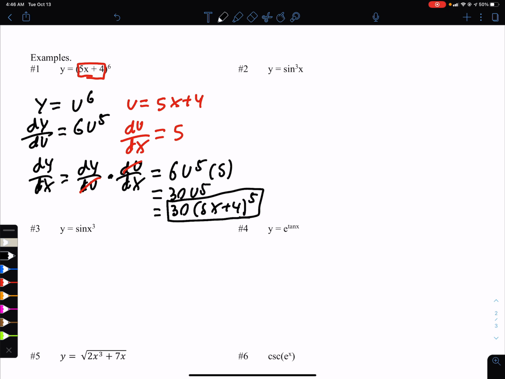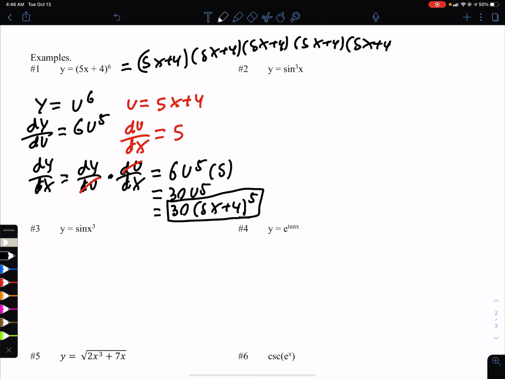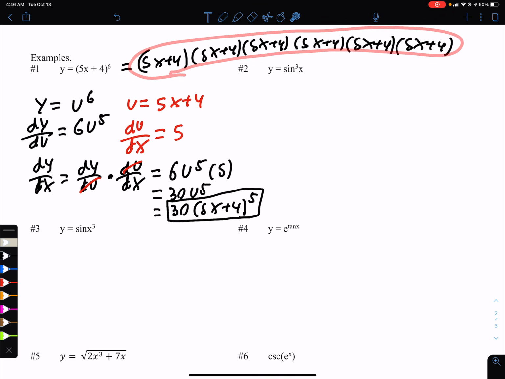Now, let's look at this. What if we did not have the chain rule? This would get very ugly because you would have to do this. Let me erase that. I'm just going to show you how hard this would be without the chain rule. So one way is you multiply all this out, do all the distributing, and then you just use the polynomial, take the derivative of the polynomial.